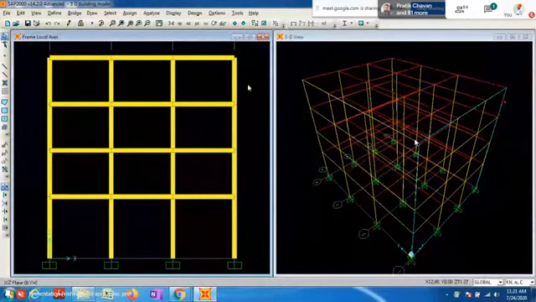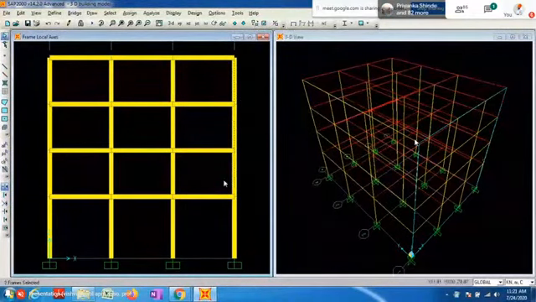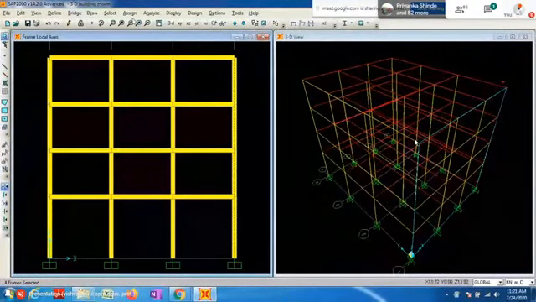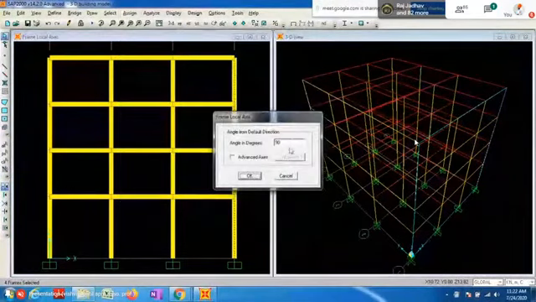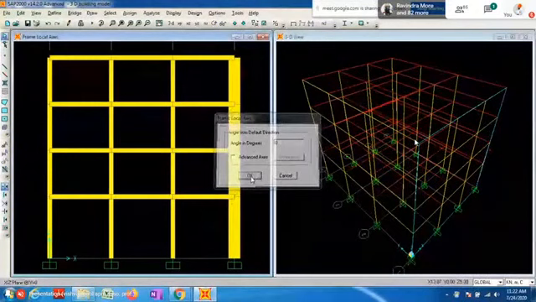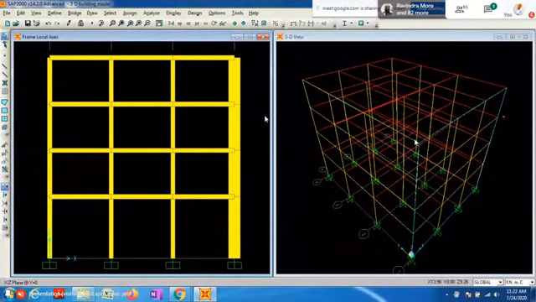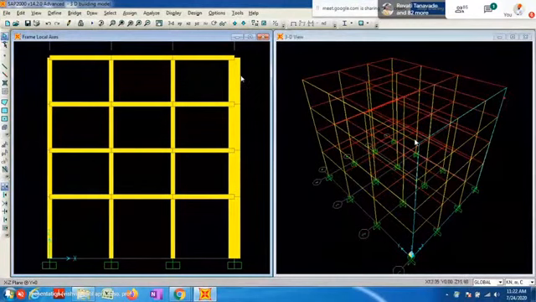Now I will again make it just like the previous. Select this, Assign, Frame and Local Axis, this command. Now again it is to be 0 degree. Okay, now it is turned. Now I will make this one similar to this.